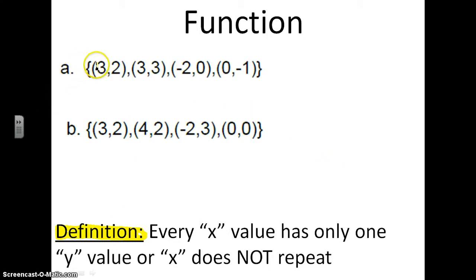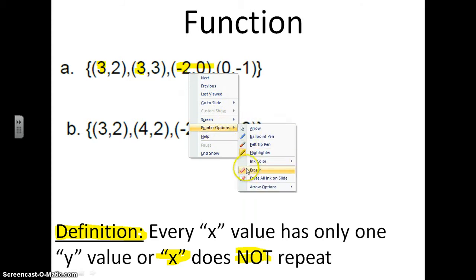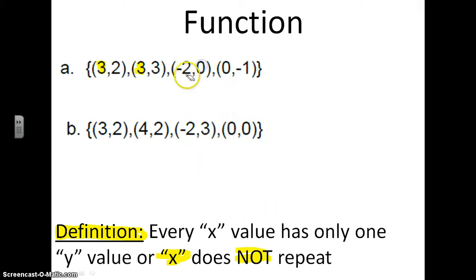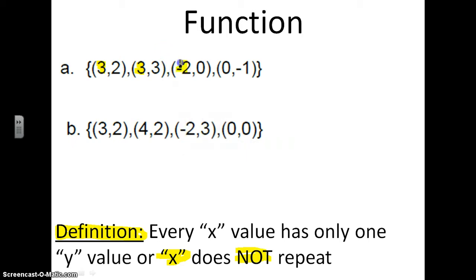We have a. If we look, we're only looking at the x values because the x values cannot repeat. Okay, x does not repeat itself. So let's look at our x. We have 3, negative 2, and I have negative 2, and I have 0.